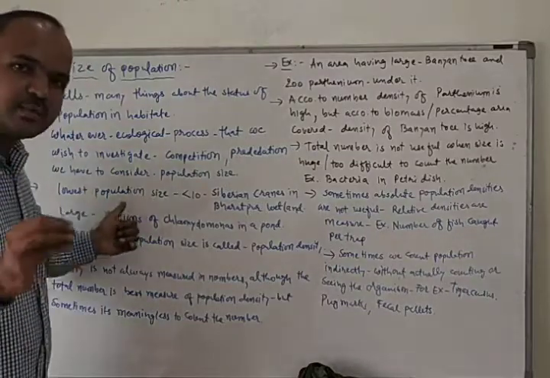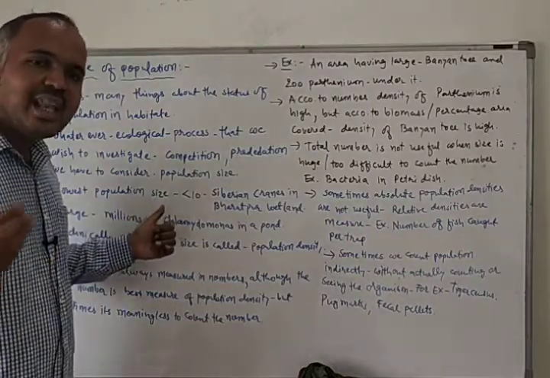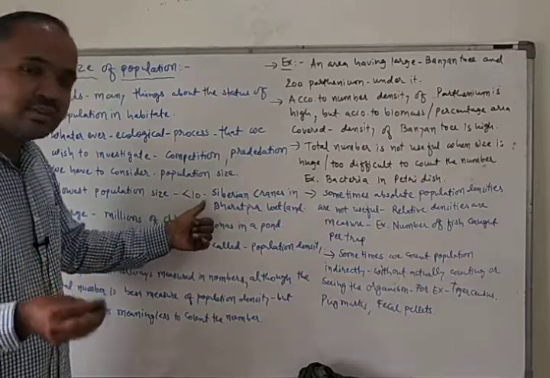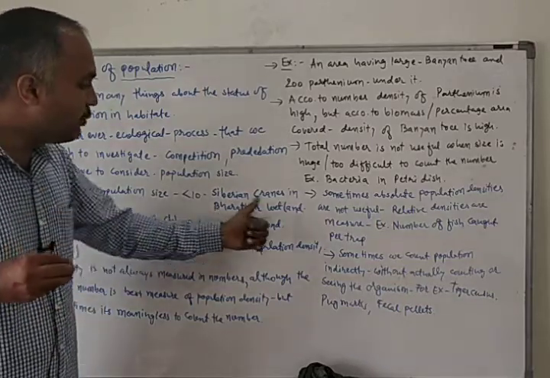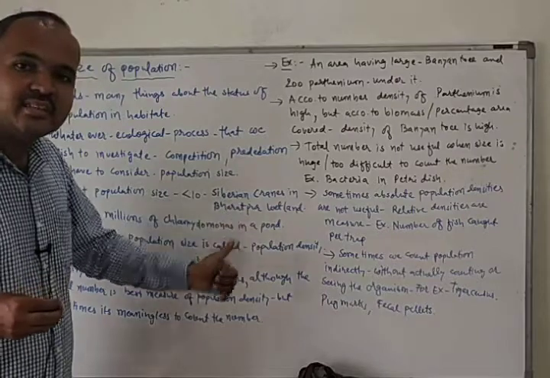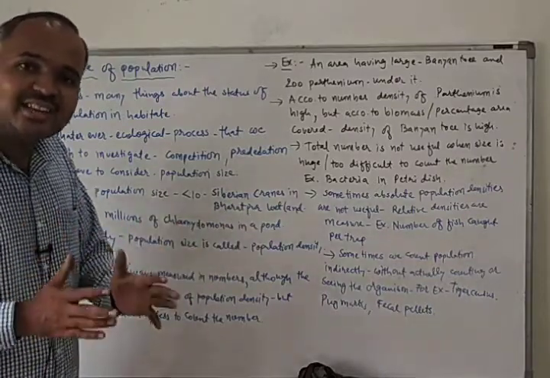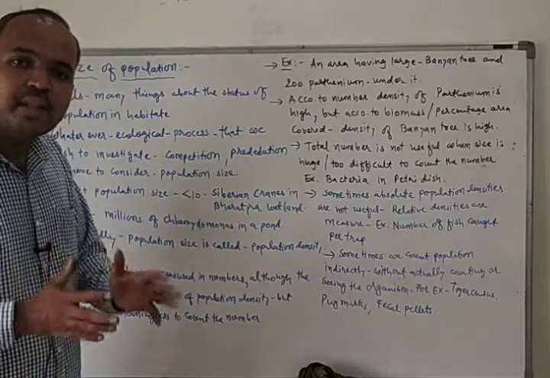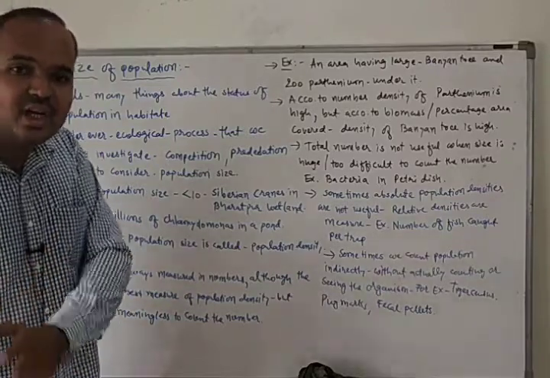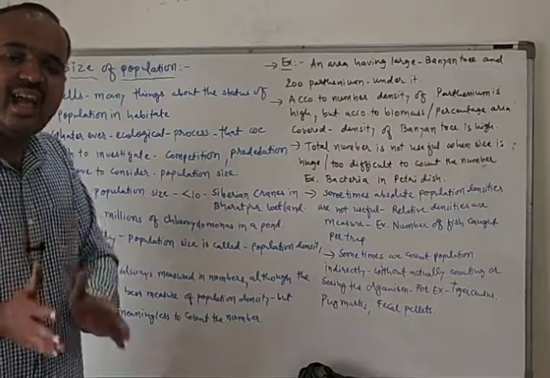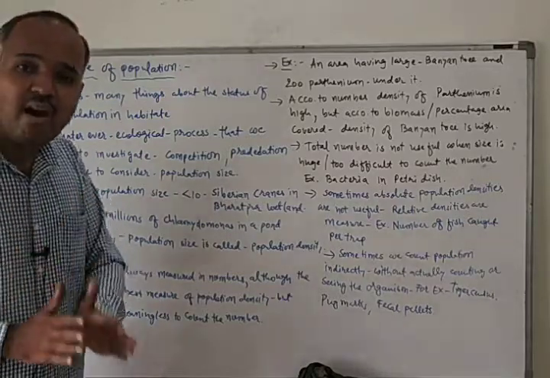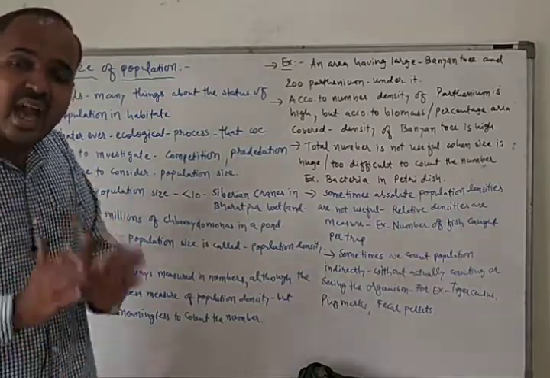The smallest population size, less than 10, is found in the Bharatpur wetland, where Siberian cranes are always present. At least fewer than 10 Siberian cranes are present in Bharatpur wetlands every year.